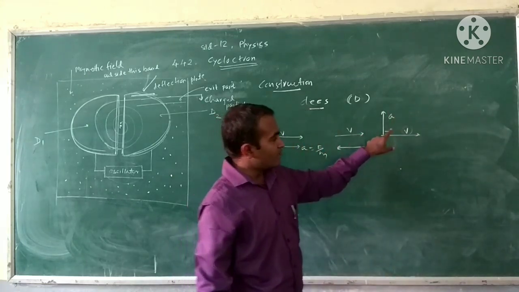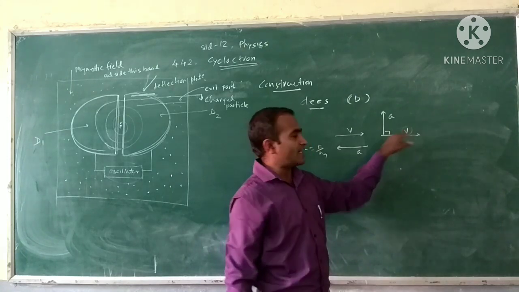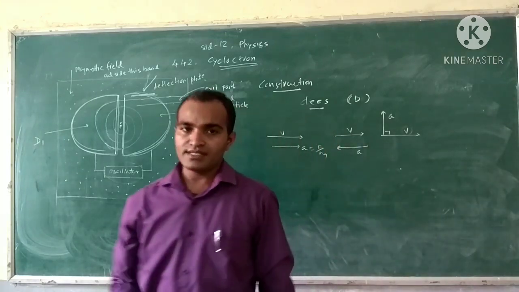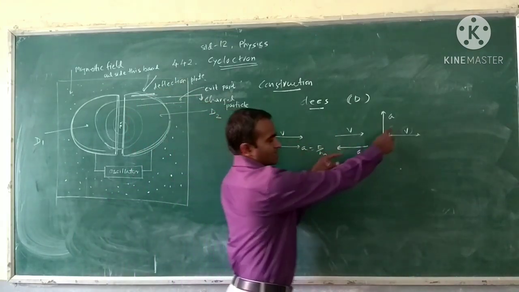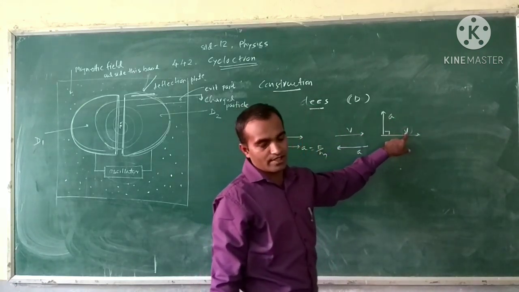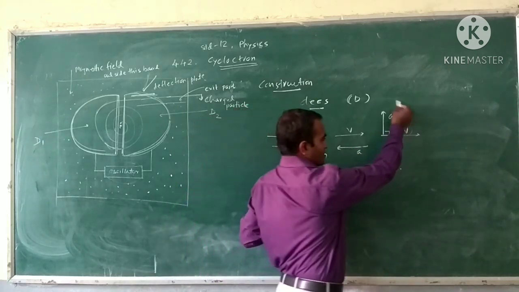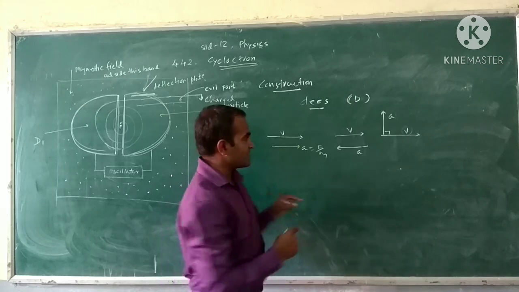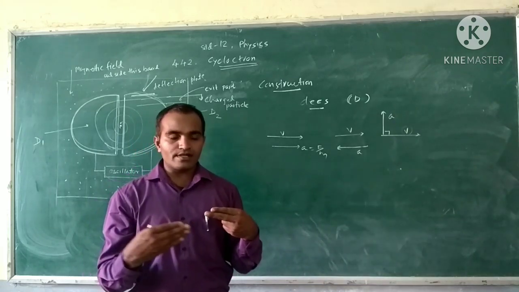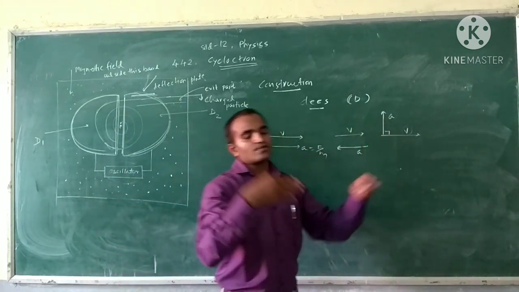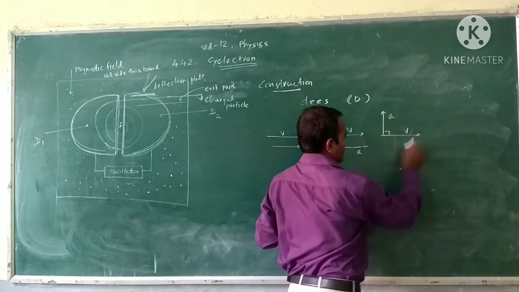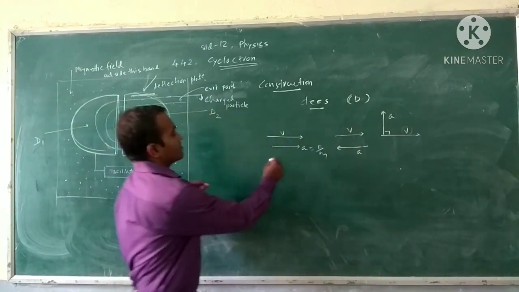Only the direction changes when force and velocity are perpendicular to each other. So when velocity and magnetic field are both perpendicular, the direction changes, so the charge will perform circular motion.